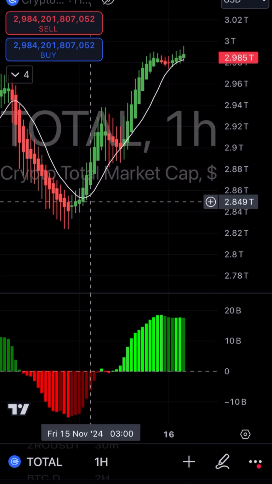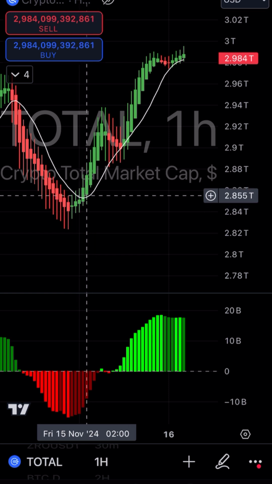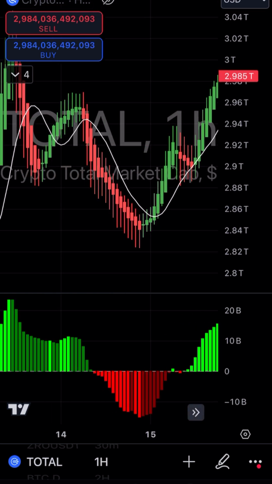If we focus on the moment when the candle crosses the linear line, like right here, this is the moment where more money starts going into the market. And if you know the moment that more money is starting to go into the market, you know that 60% of that money is going into Bitcoin.